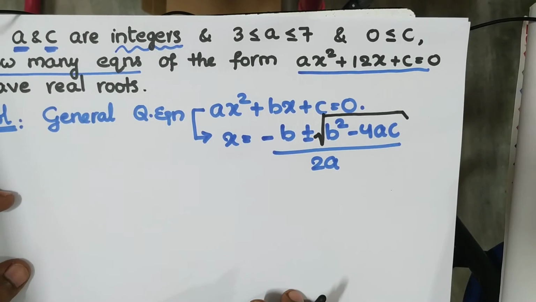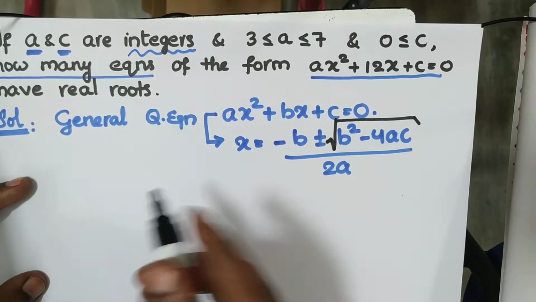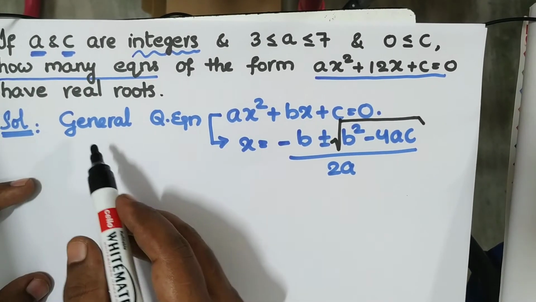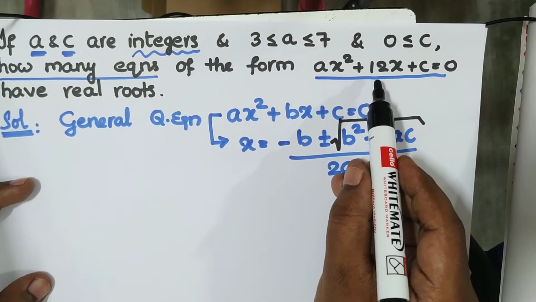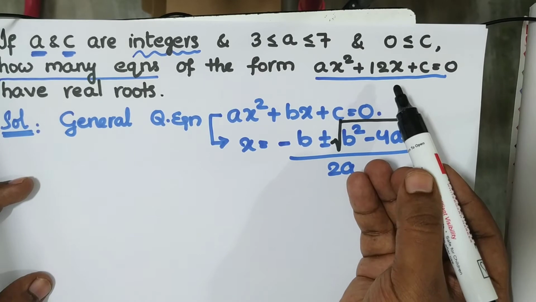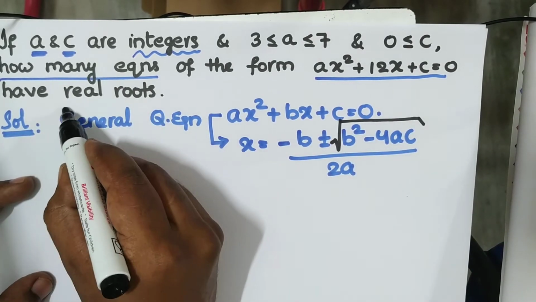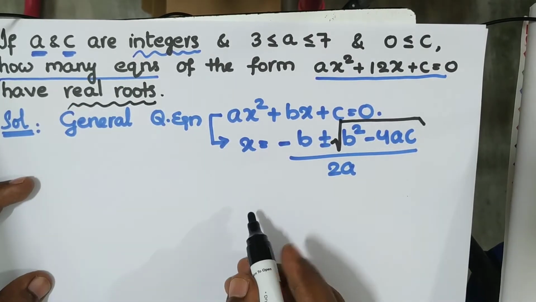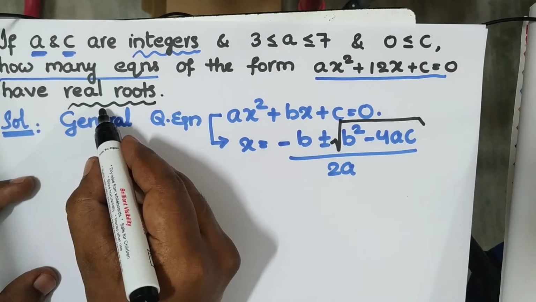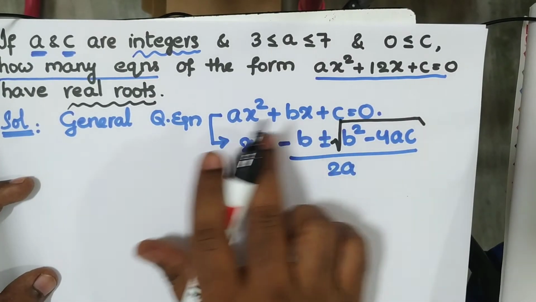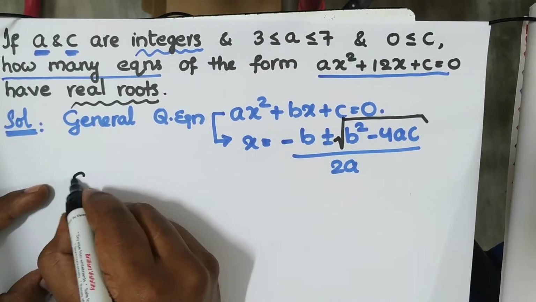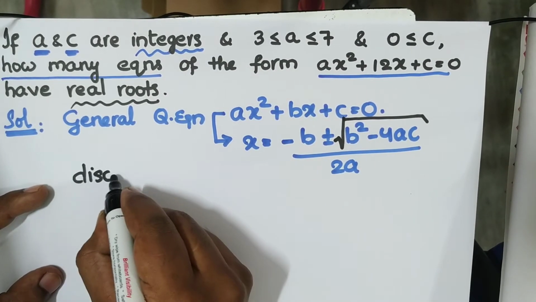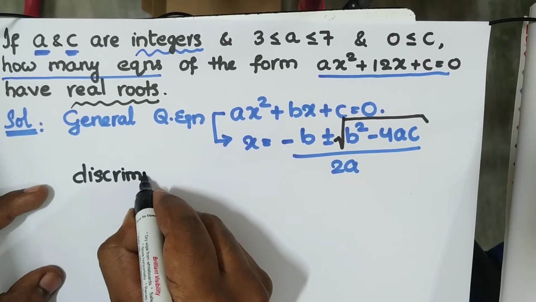Anyways, so now he also gave this one. This quadratic equation, and many quadratic equations of this form in this question, must have real roots. So when can we obtain real roots from this general quadratic equation? First, you take the discriminant.